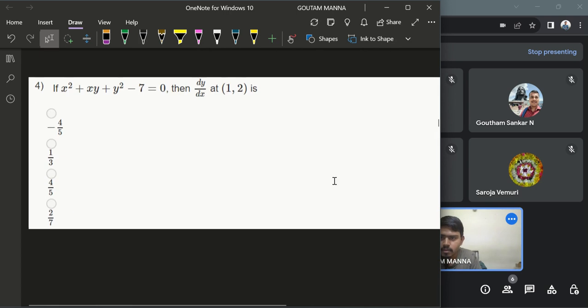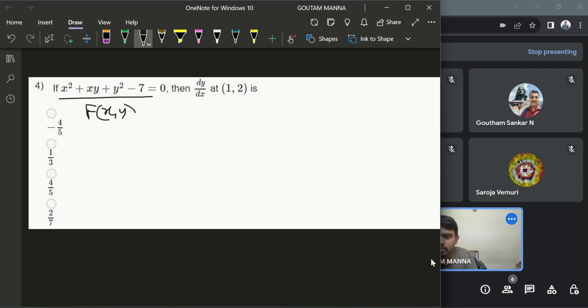Okay, next problem is very similar to the previous one. We were again given a function of xy, so we're calling it f of xy, which is x square plus xy plus y square minus 7, and it equals to 0. And we have to find out dy dx at point 1, 2. So again, we cannot write y as a function of x directly.